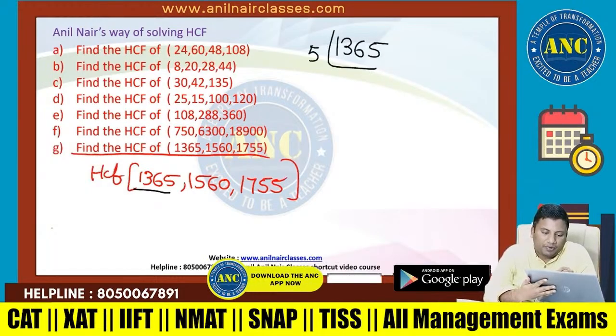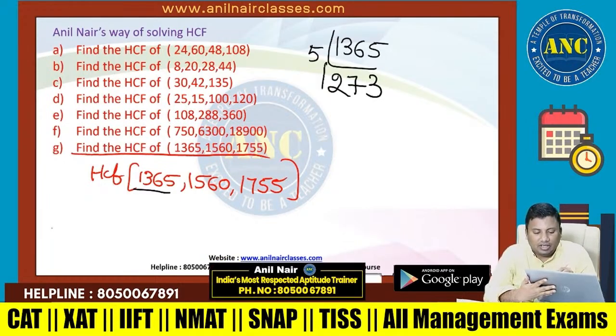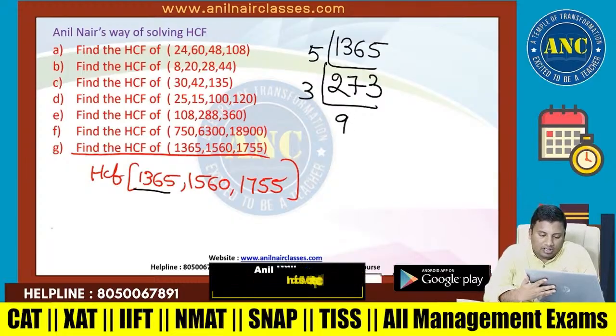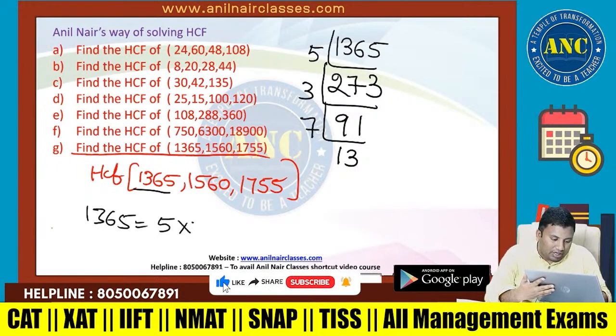Factorize the number. 5 2s are 10, 5 7s are 35. This is 3. 3 91s are 273. 7 13s are 91. So the factors for 1365 are 5, 3, 7, 13.